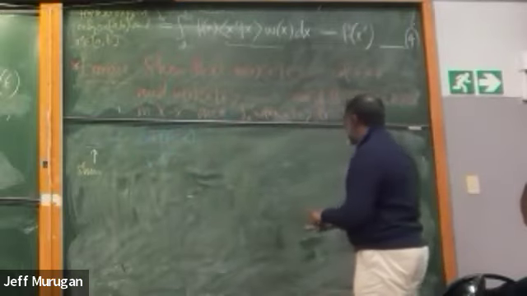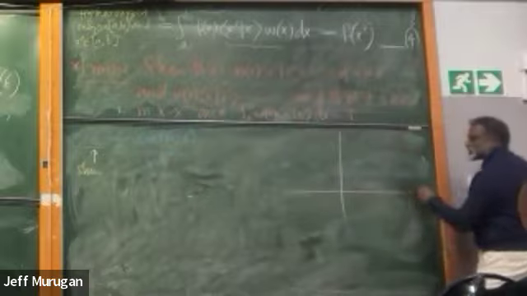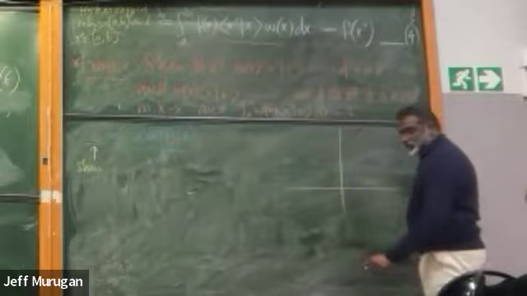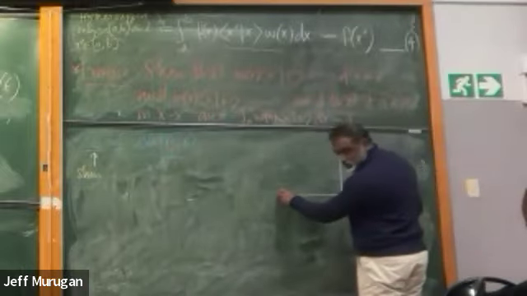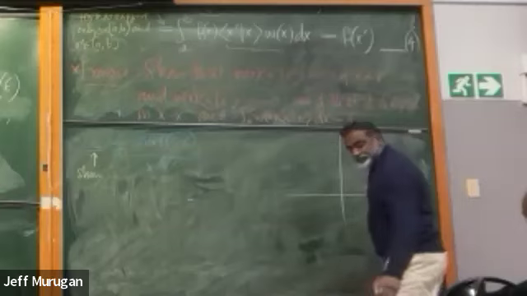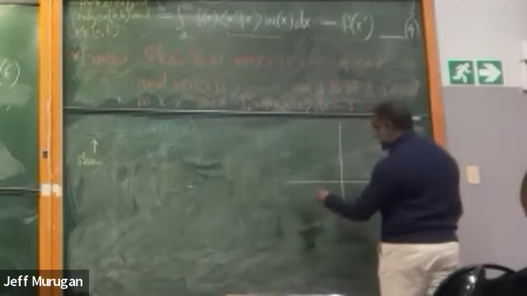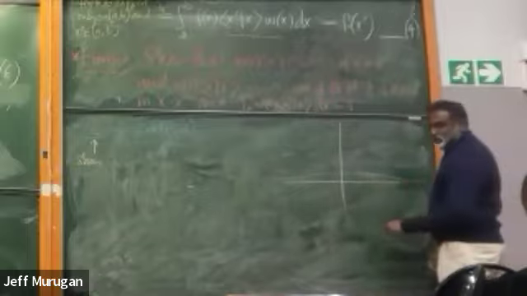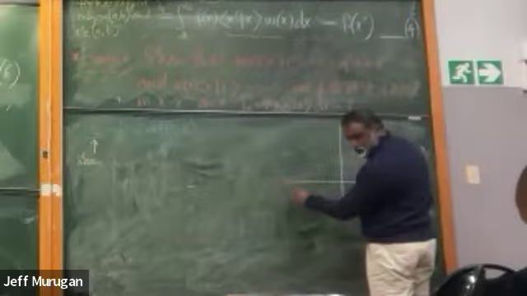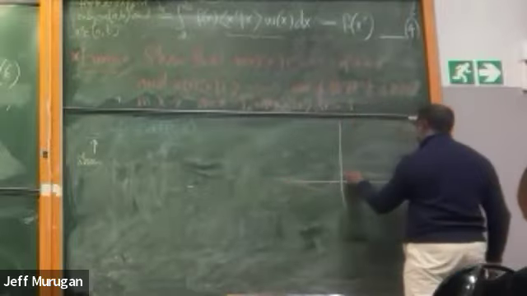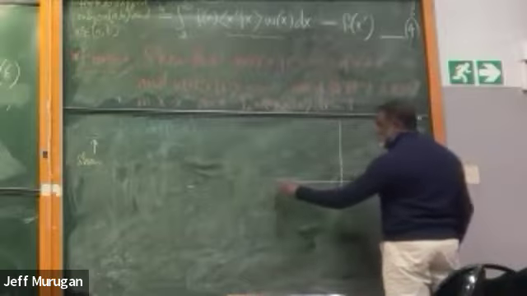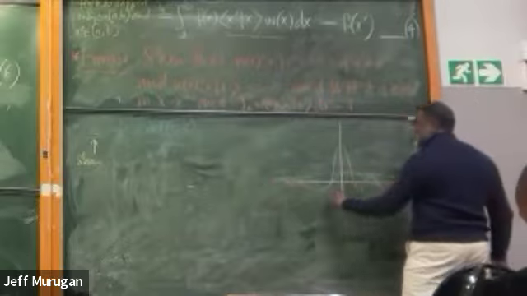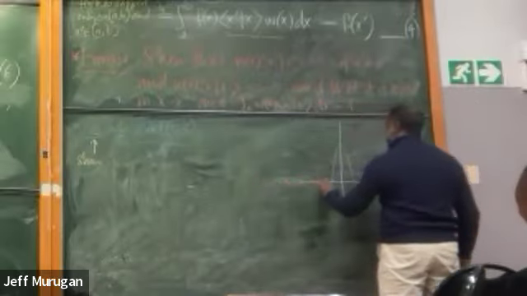So if you want to get a feel for what this looks like, it's basically a sequence of functions that start off looking like this, and then the next goes, they start oscillating, and then they oscillate further.